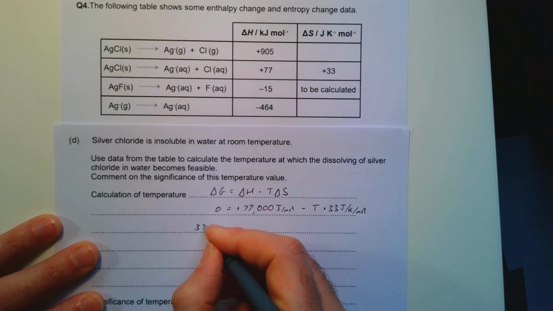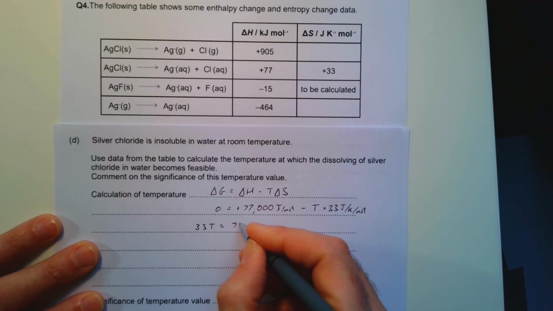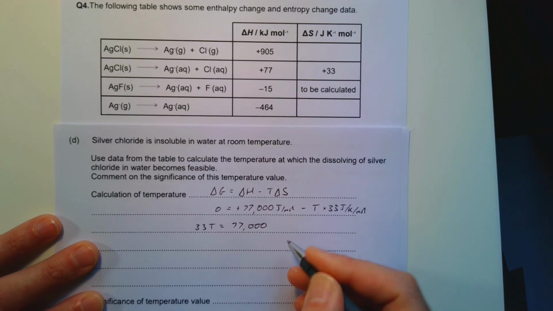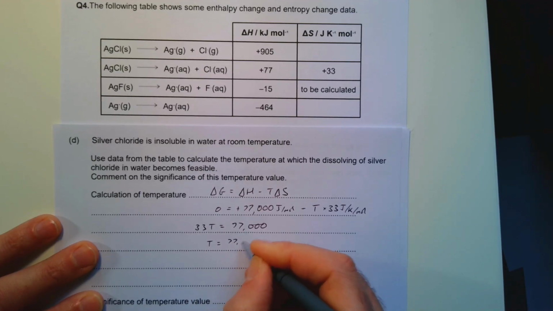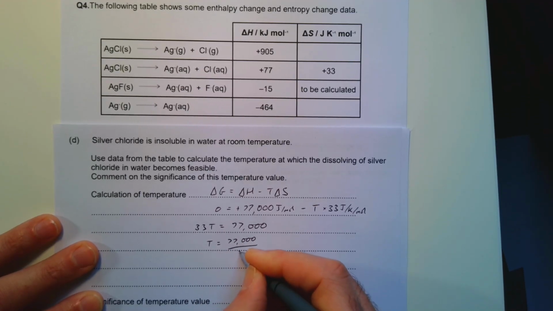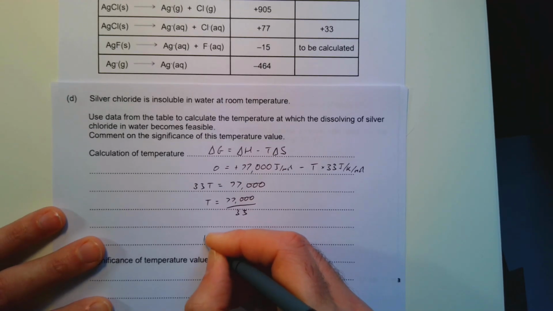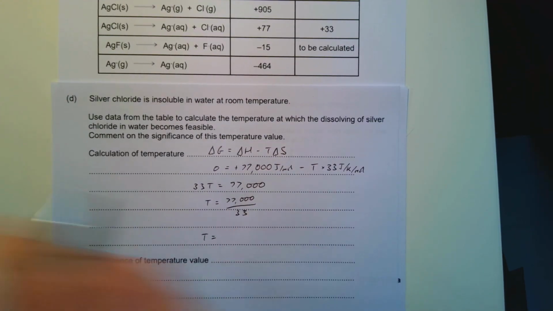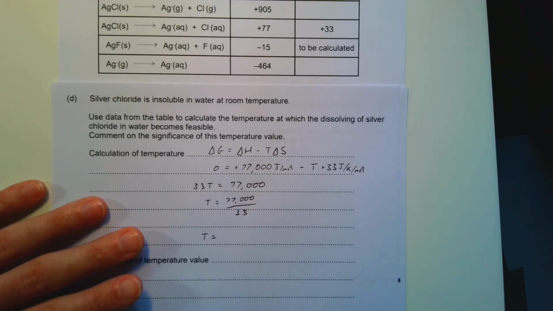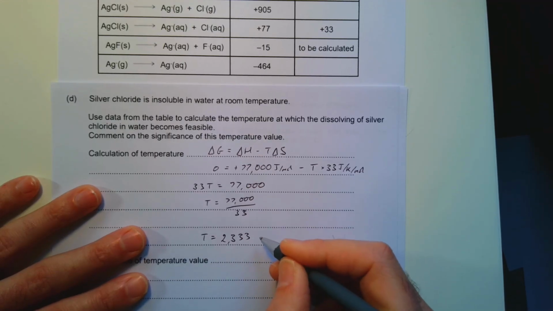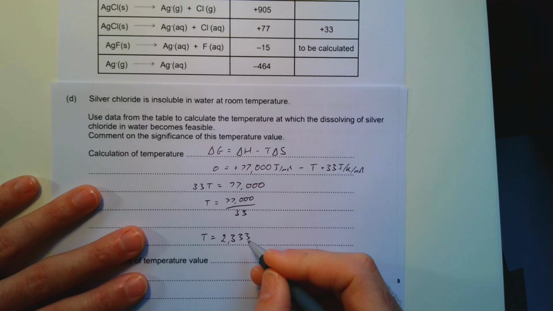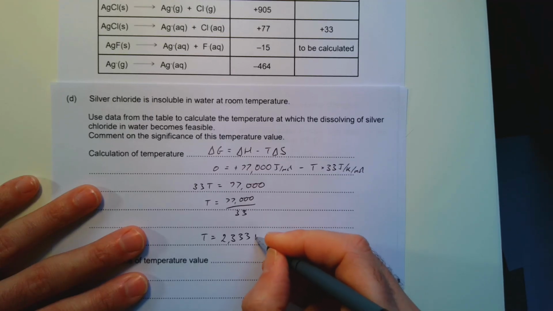So we get 33 T equals 77,000, and we'll divide both sides by 33 and see that T is going to be 77,000 divided by 33. Stick that in our calculator and get an answer of 2,333. And remember, the units for temperature when you're doing these calculations are Kelvin.